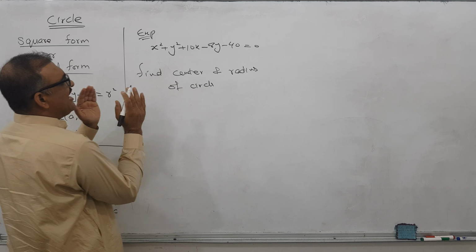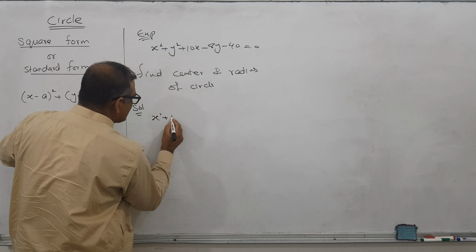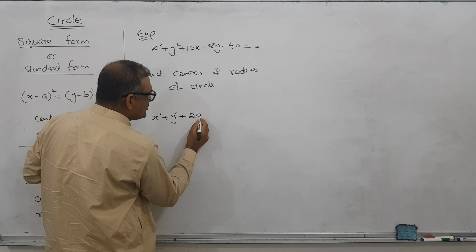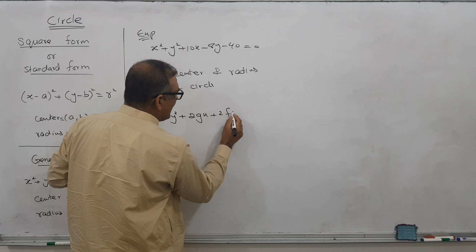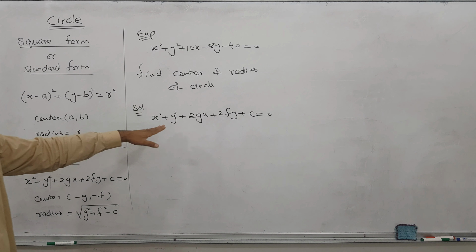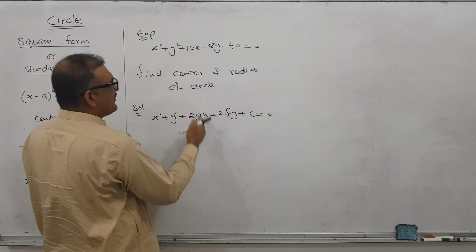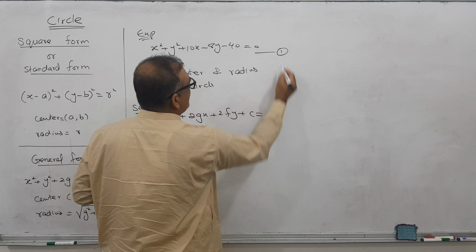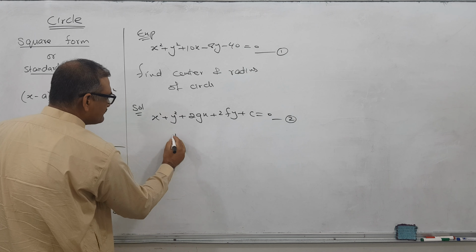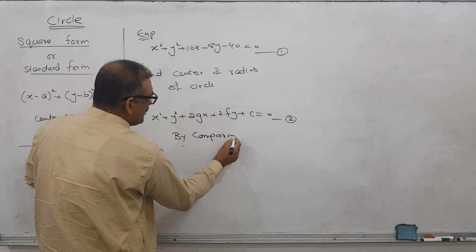First of all, you have to get in the habit of writing this equation: x square plus y square plus 2gx plus 2fy plus c equal to 0. You must memorize this formula, and when you memorize it, compare. When I compare both equations, say equation number 1 and equation number 2, let's see what happens.